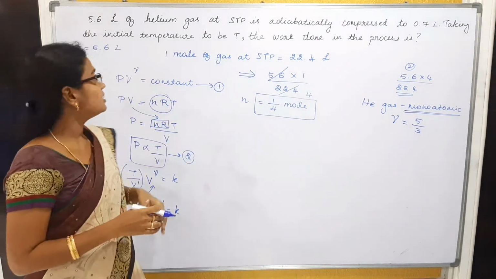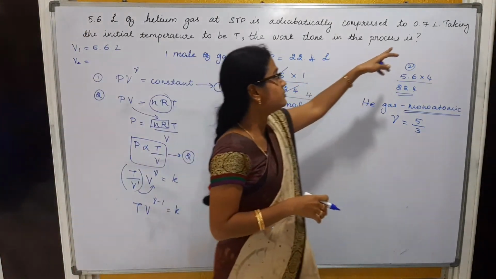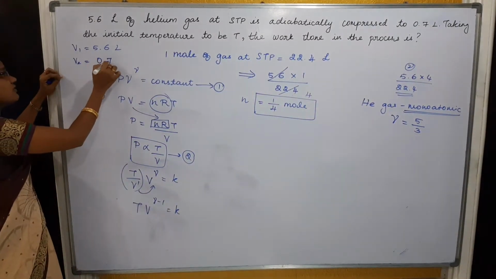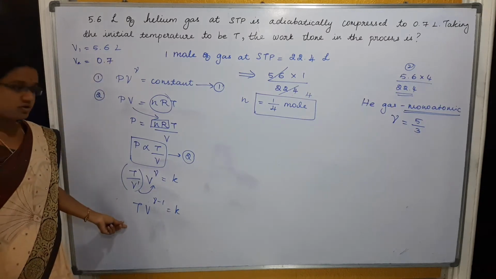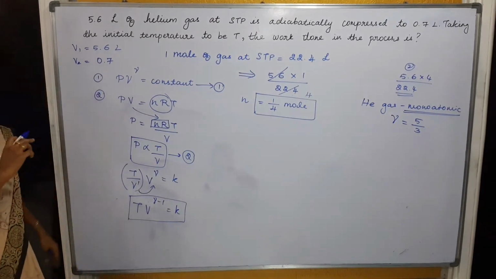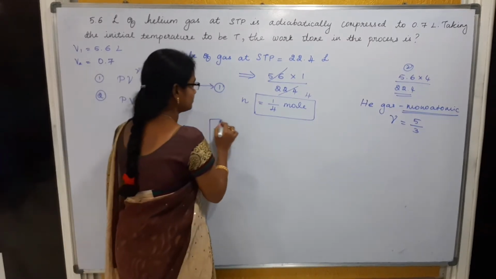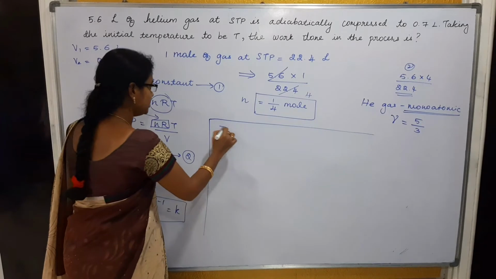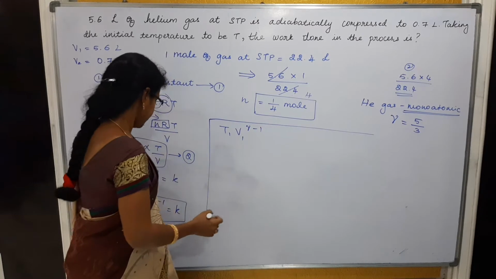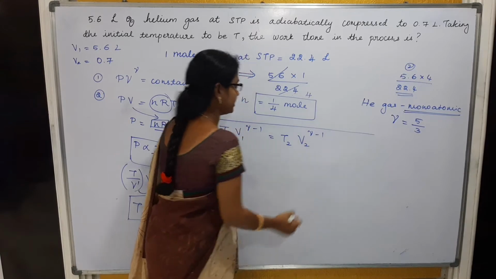We compress the gas by applying pressure, from 5.6 to 0.7. So taking V2 as 0.7 liters, using this equation, T1 V1 to the power gamma minus 1 is equal to T2 V2 to the power gamma minus 1.